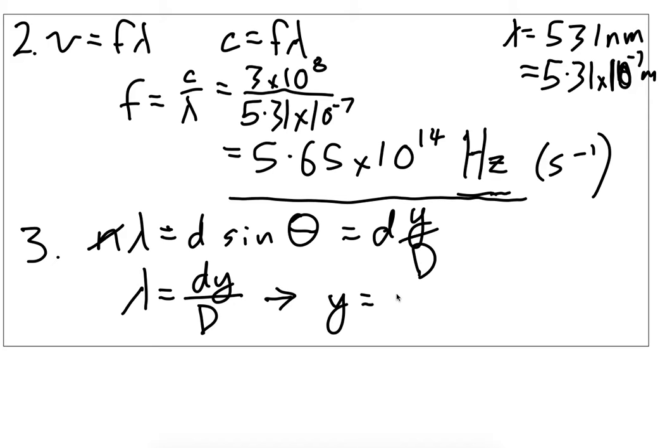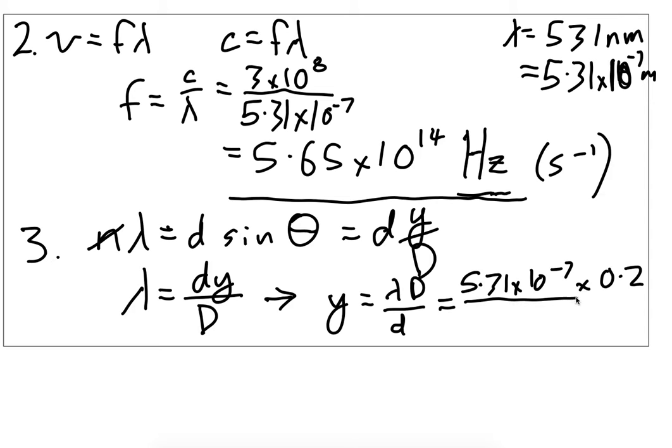Y equals lambda times big D over little d equals the wavelength we know is 5.31 by 10 to the minus 7 meters. Big D is 20 centimeters, 0.2 meters. Little d is 2 millimeters, 2 by 10 to the minus 3 meters.